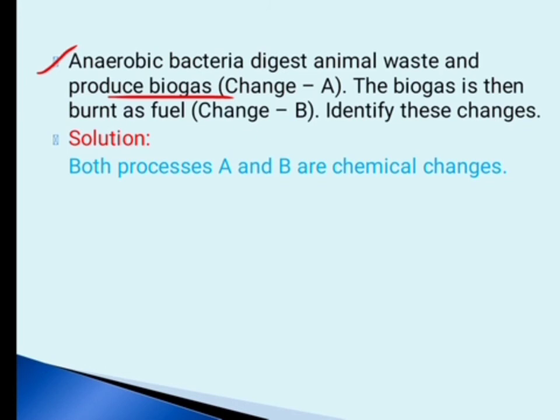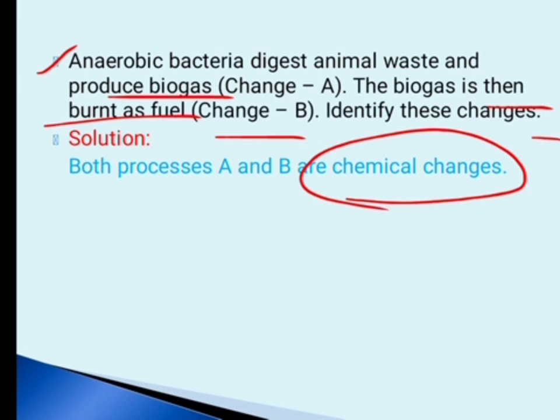This is the first change, change A. In the second, the biogas is then burnt as fuel. This is the second change, change B. Now identify these changes. Both the changes are chemical changes, because in both cases a new substance is formed which is chemically different. That's why both processes are chemical changes.